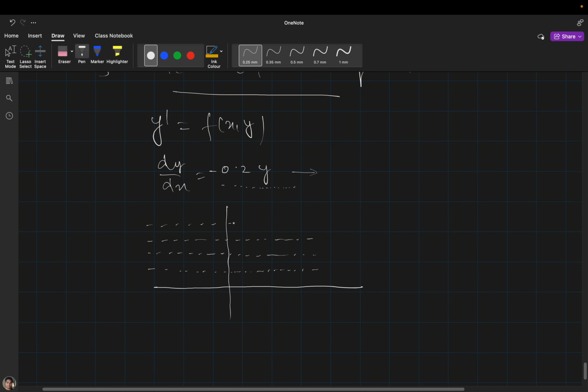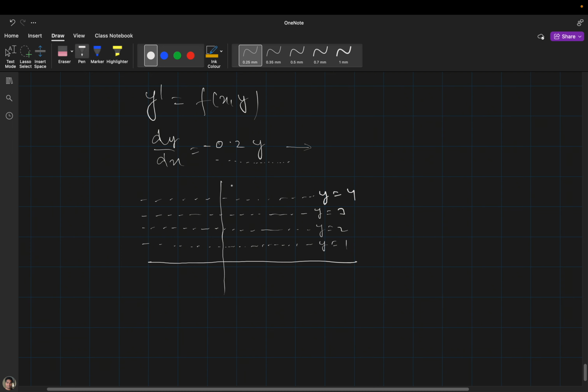This one is y equal to 1, this one is y equal to 2, this one is y equal to 3, this one is y equal to 4. Now when y equal to 1, the slope of that curve is actually minus 0.2.